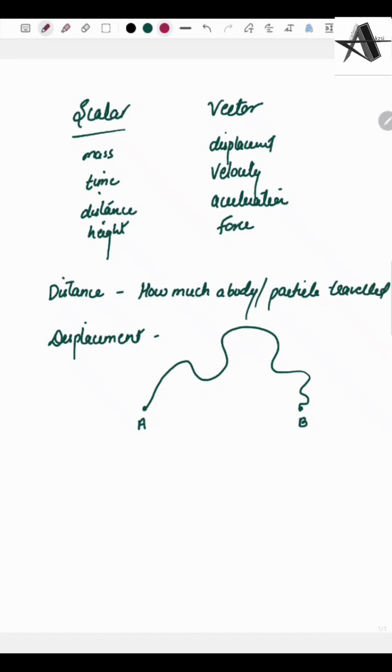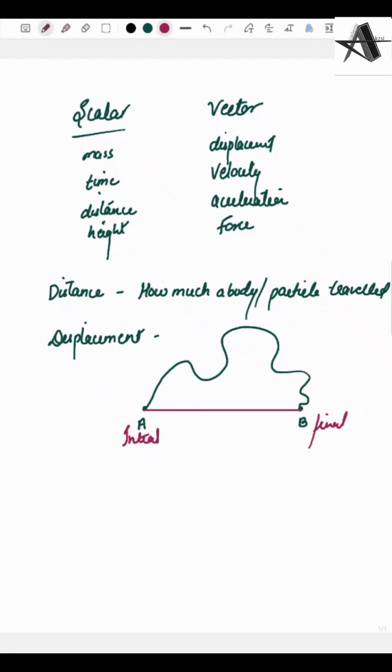But when I talk about displacement, displacement would be a different thing. Displacement is just the shortest distance between A and B, or if you draw a straight line connecting the initial and the final position. Simply, when the consideration of the initial and the final position is given, or with respect to something, if we are calculating that, that is the displacement.